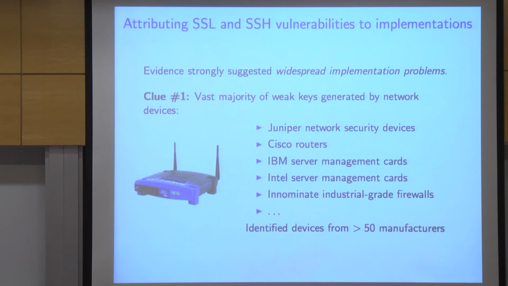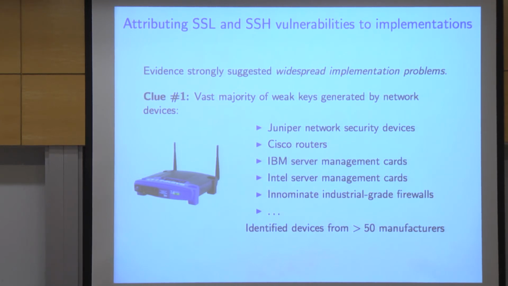And so in attributing the vulnerabilities in SSL and SSH, it was clear upon immediately looking at the data that nearly all of these were obviously due to some kind of implementation problem.